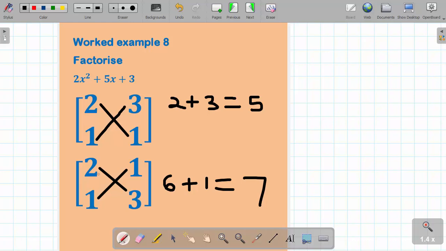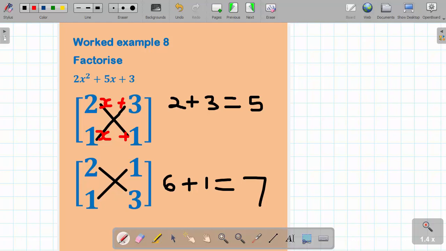So again, to get your answer, you simply put x here and x here. So it's going to be 2x plus 3, and then times 1x plus 1.